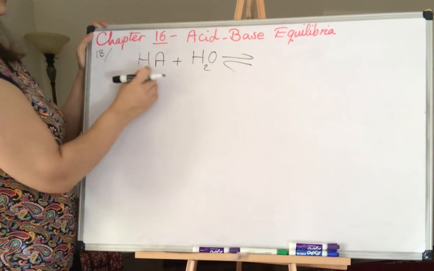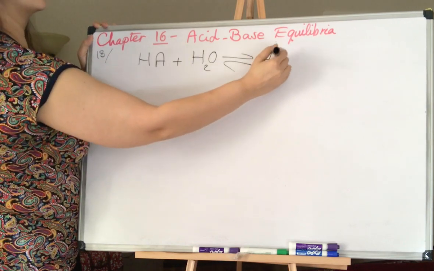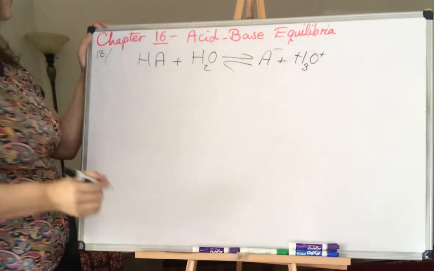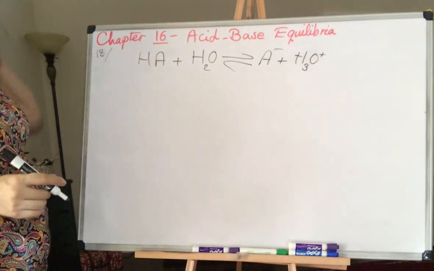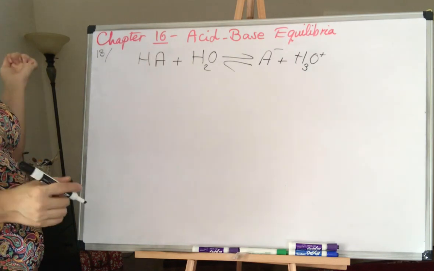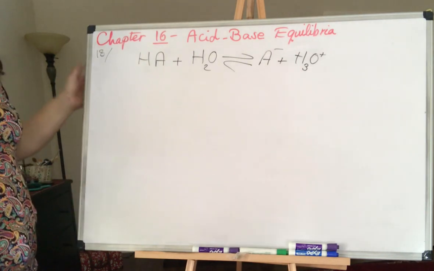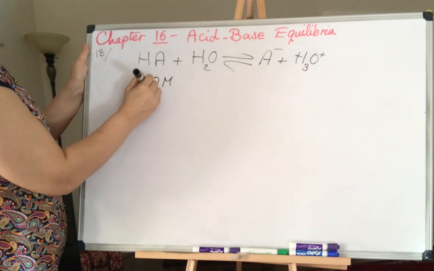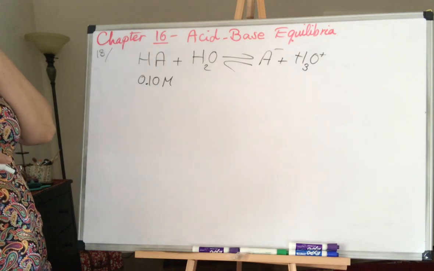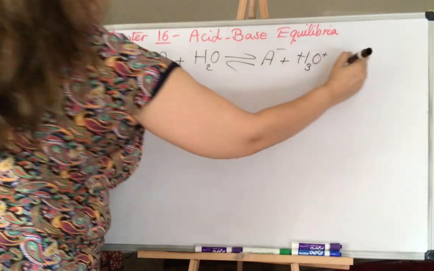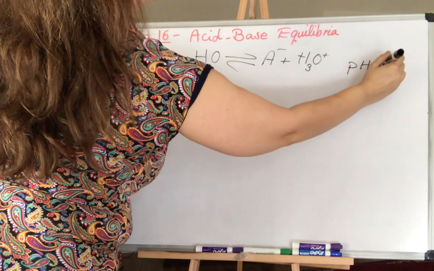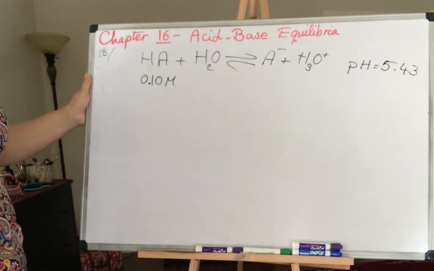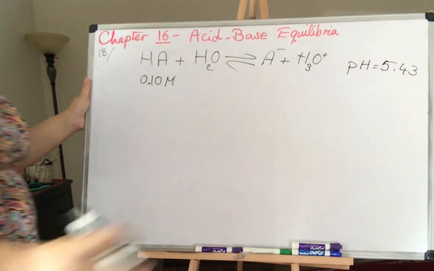And if this is an acid, it's going to donate its proton, so it's going to change to an anion plus hydronium ion. All right? So now, it says a 0.10 molar solution has a pH of 5.43.